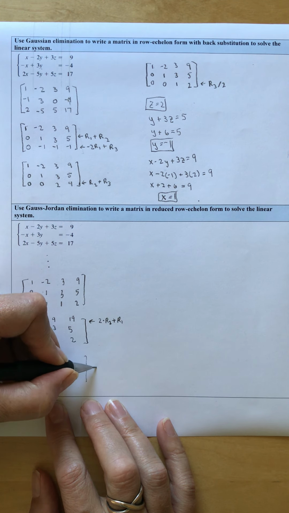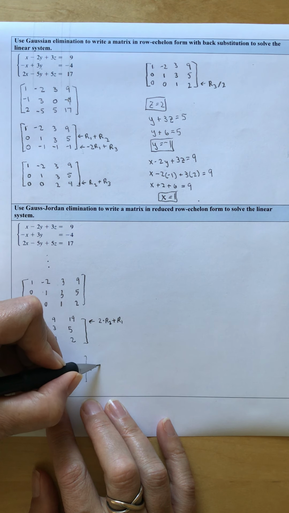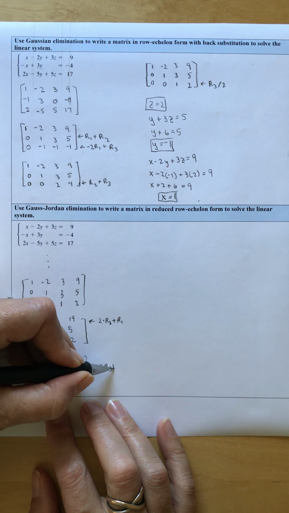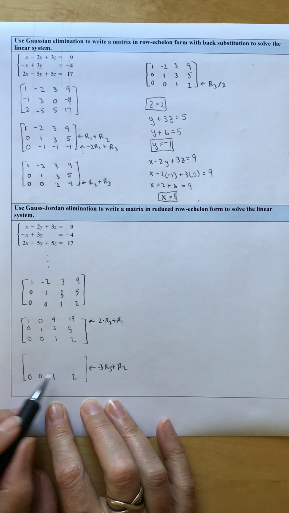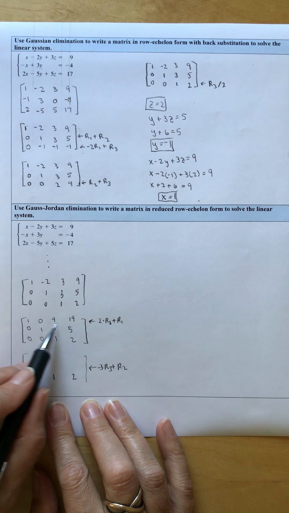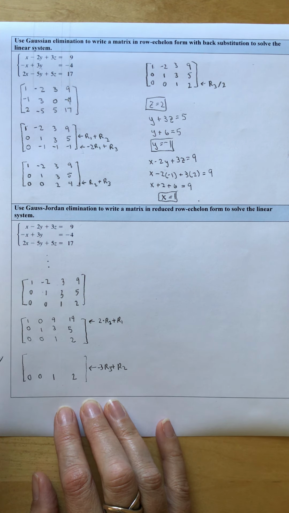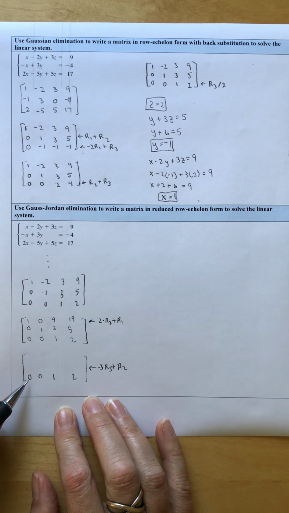So I'm going to replace the second row by multiplying row 3 by negative 3 and adding it to row 2. If I'm replacing row 2, I have to use row 2 over here. Notice here I was replacing row 1 and I have a row 1 here. So negative 3 times 0 is 0 plus row 2.